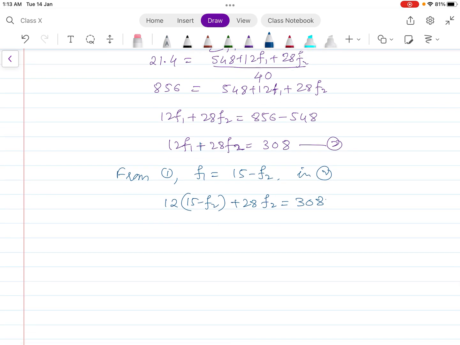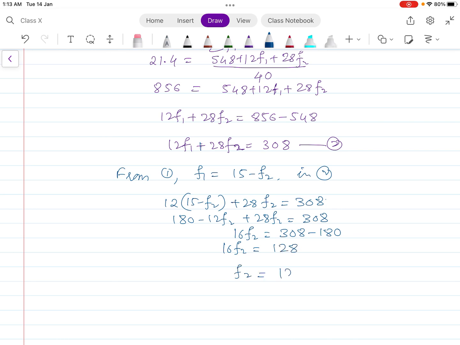Now 12 into 15 is 180, minus 12 f2 plus 28 f2 equals 308. Combining these gives 16 f2, and 308 minus 180 is 128. So 16 f2 equals 128.